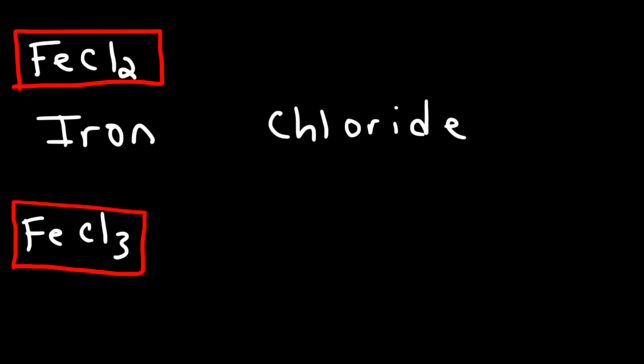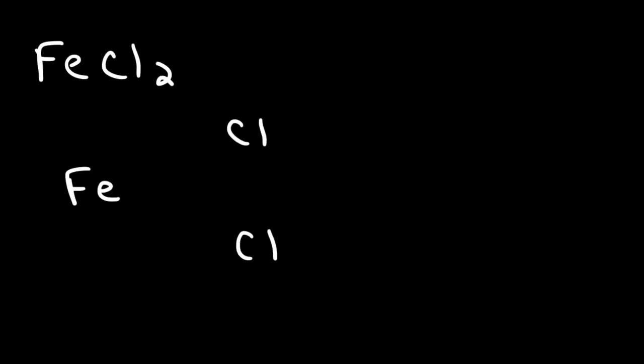The first thing we need to do is determine the oxidation state or the charge on iron metal. So let's focus on FeCl2. So we have one Fe particle and two chlorine particles. What is the charge on chlorine? Chlorine likes to form a -1 charge.